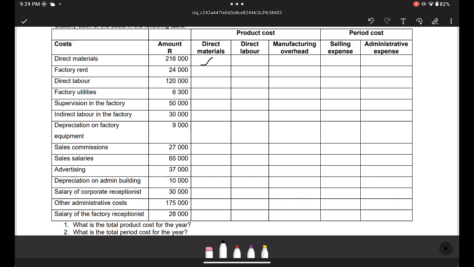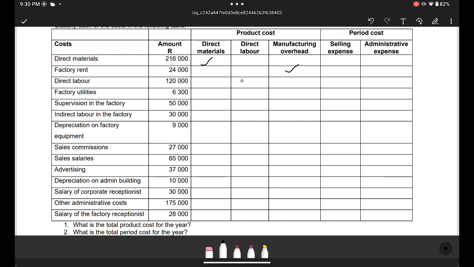Factory rent will be manufacturing overhead. Why? Factory rent is an indirect cost. It won't be put under direct materials because that expense is not made with the product. The actual product is not the rent. It's the overhead, basically the roof.